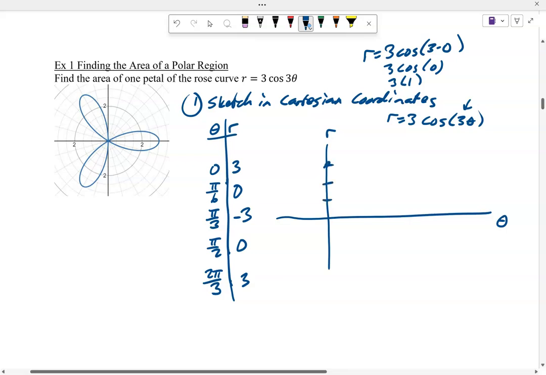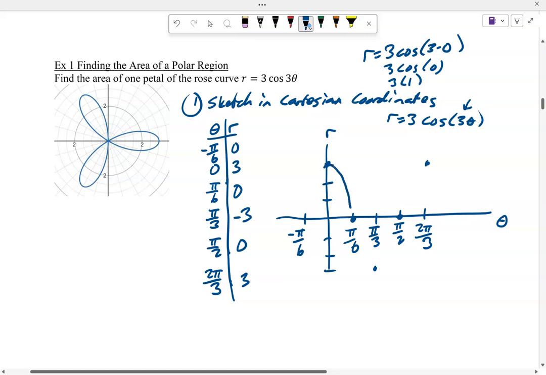I got (pi 6, 0), (pi thirds, -3), and I have (2 pi thirds, 3). And of course, if I want to plug in, maybe to the left, go down a pi 6 from 0, I could plug that in as well, and I would get 0 on that.